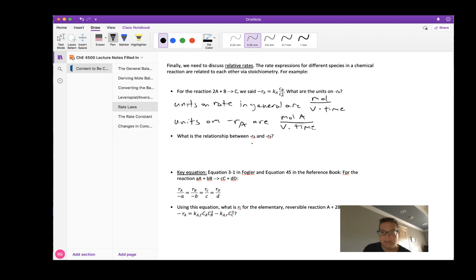So I have this expression for RA, and I can use that along with stoichiometry to get an expression for RB. So if I know RA, how do I get RB? What's the relationship between RA and RB? The relationship here is that for every 2 moles of A that react, 1 mole of B reacts.